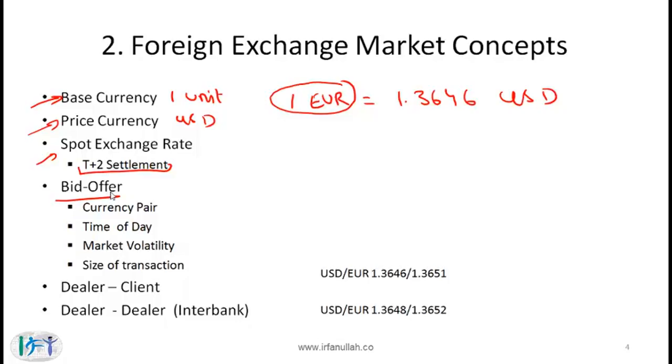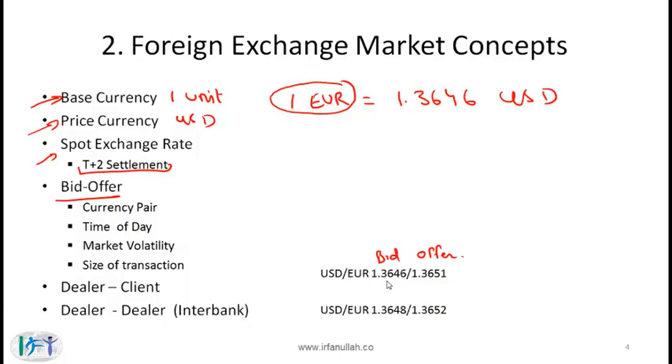So whenever you look at a currency quote, there will be two numbers. For example, over here we see both the bid and the offer, and notice that the offer will always be higher than the bid.